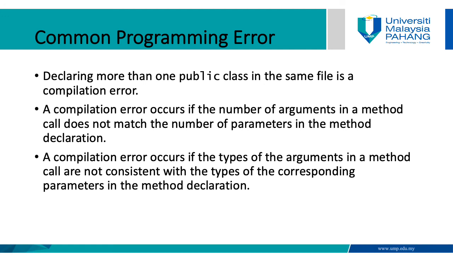If not, it will give you an error. And also you must check the types of the arguments and the types of the parameters. Be careful when you define these two components in your class and in your method.